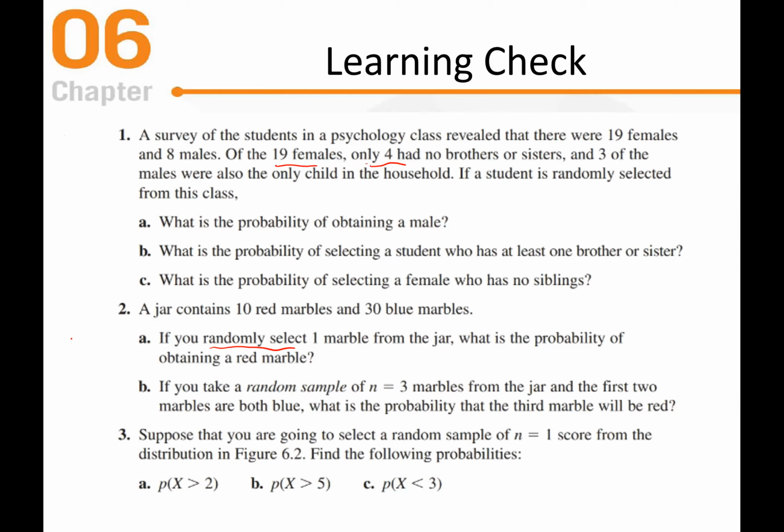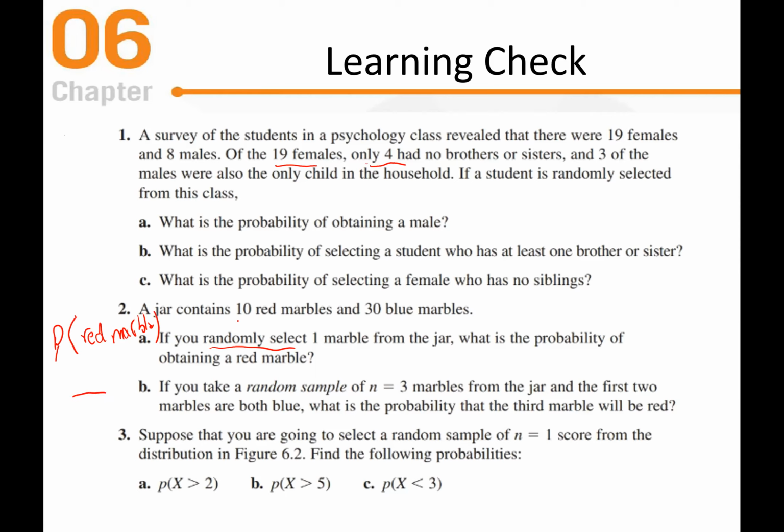This one would be notated P(red marble), the probability of obtaining a red marble. First we need to know the total number of possible outcomes. That's going to be in the denominator.